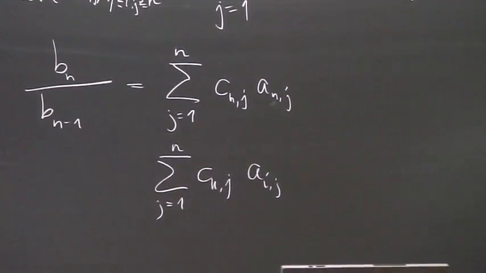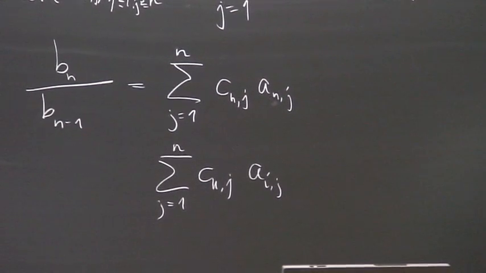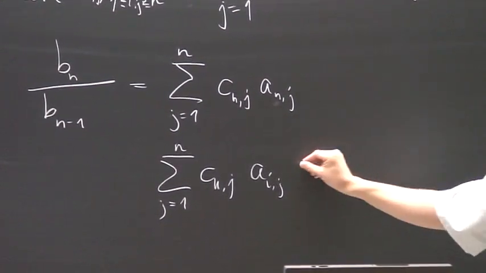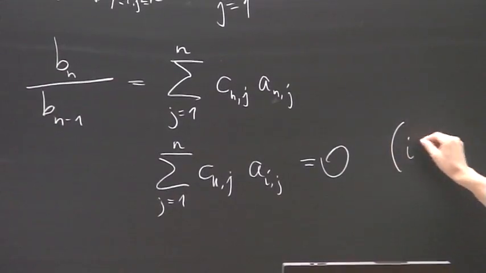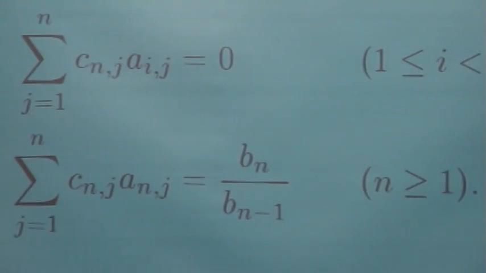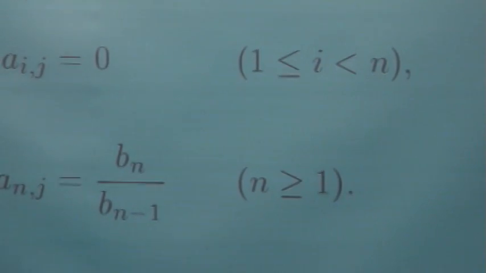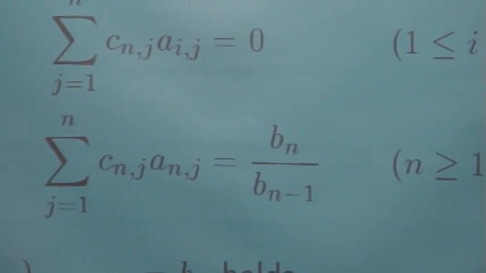So of course this determinant is 0, provided that i is smaller than n. And this is the second one. And the first one follows from the definition that for Cnn we get 1. So this is the background of these three identities.